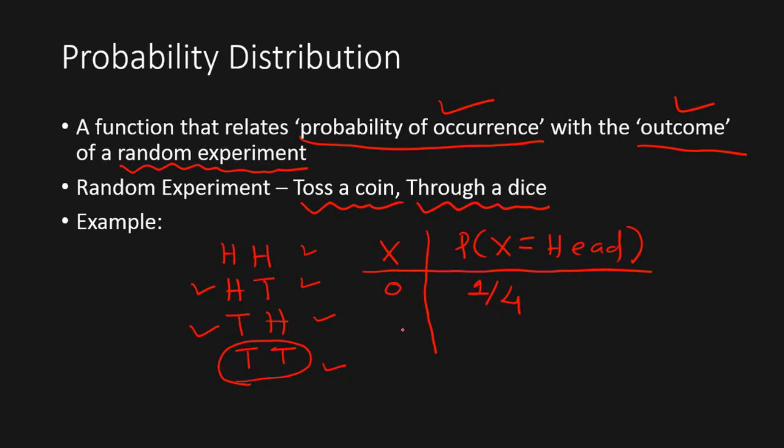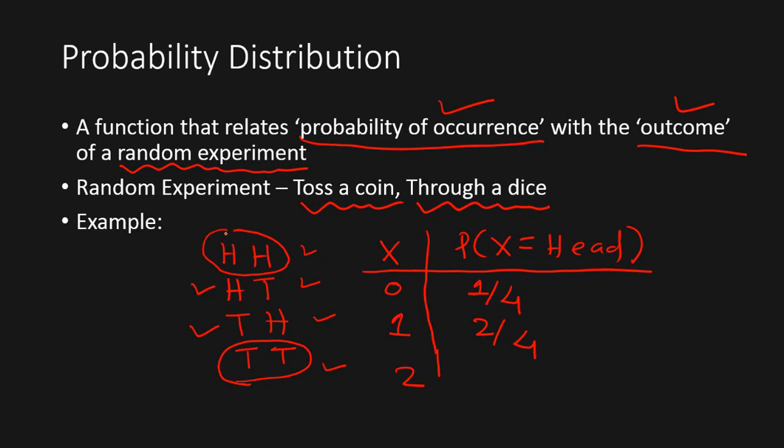What is the probability that the outcome is going to have exactly one head? So that happens in two cases, right? The second one and the third one. So the probability of getting only one head is 2 by 4, right? And what's the probability of getting two heads? Well, that's happening only in one case, right?